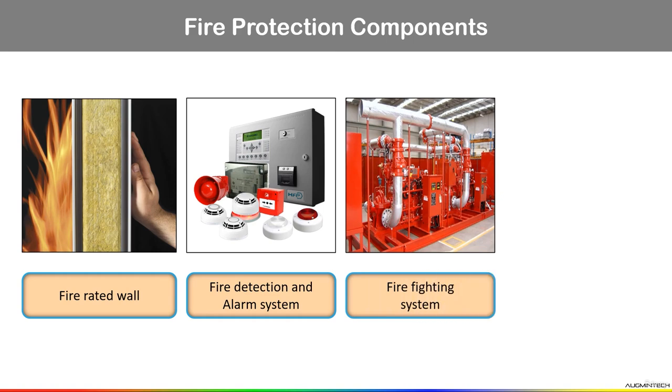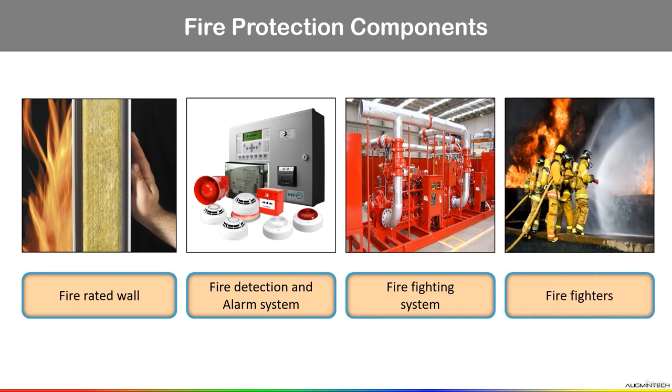Now the third component is the firefighting system. As we know, a firefighting system is an activity of prevention during a fire spread in buildings, homes or warehouses, with the use of proper fire safety equipment like extinguishers, hose reels, fire monitors, nozzles and hose pipes, so we can extinguish fire easily.